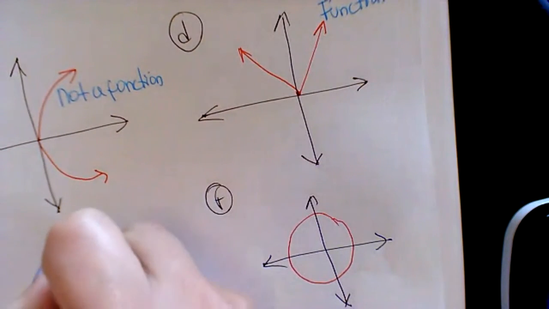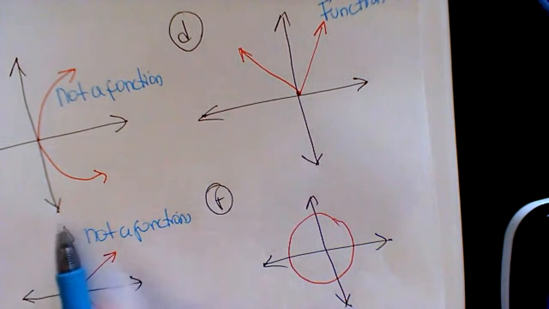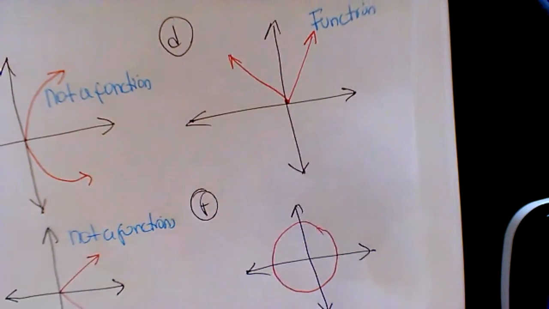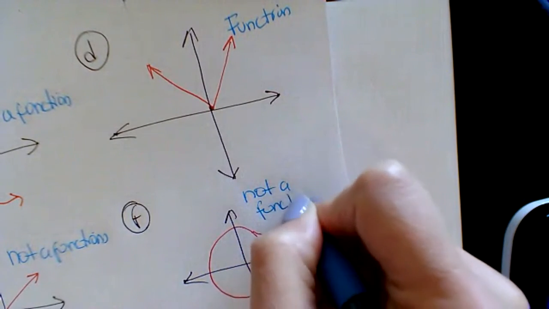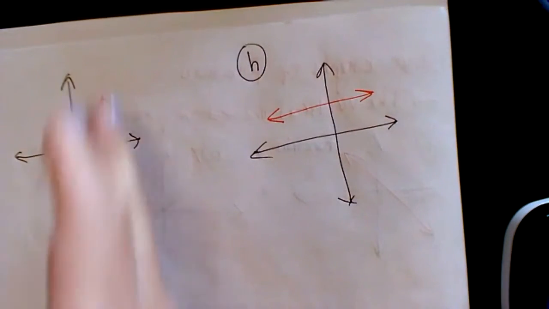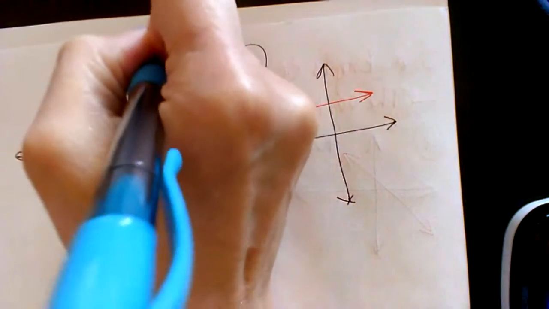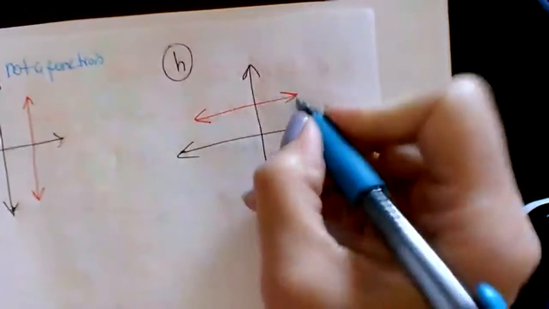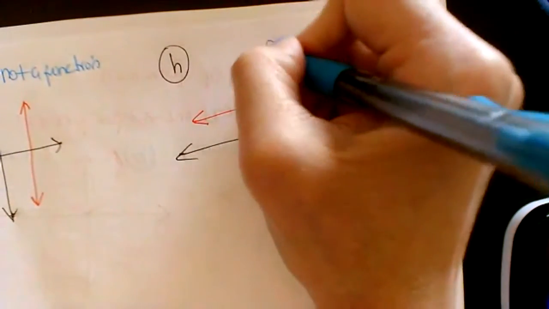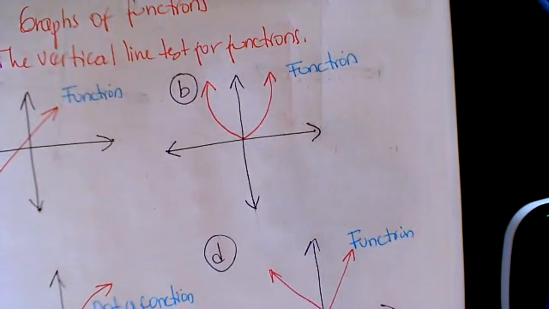This one, not a function. Cuts it twice. You guys see that? And the same with the circle, not a function. This one, not a function. If I draw a line, it cuts through all the points. This one, just one point, so it is a function. Now, we did that one.